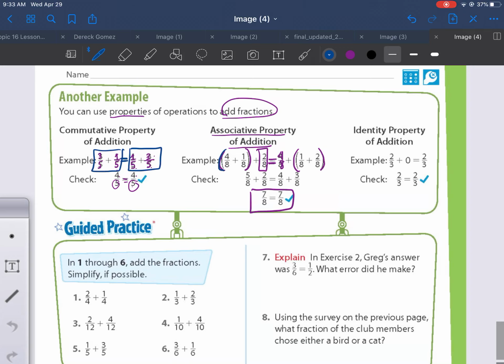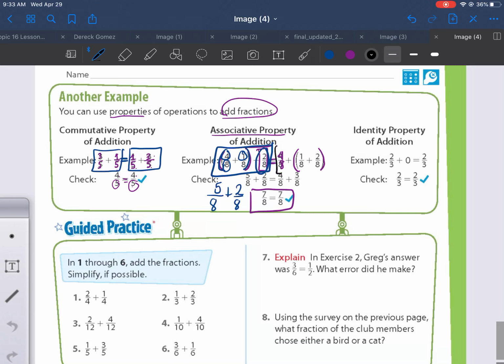When we put parentheses, that means that we're always going to do that part first. For example, here on this side, if I was adding those fractions, I would start by first adding the parentheses. So 4 plus 1 is 5. Denominator stays the same. Now I can add the other part, which was 2/8.